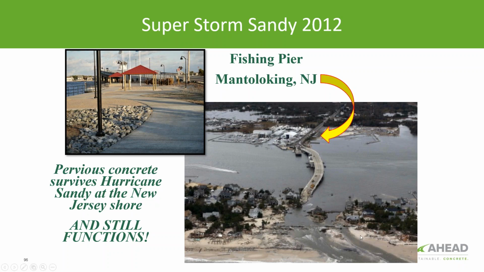And again, we pressure washed the pier and we got the pervious concrete to perform again. So you can completely muck it up with the worst disasters imaginable, yet you can clean the top and it comes right back to life. None of the other pervious pavements that exist can say that or will have that happen.